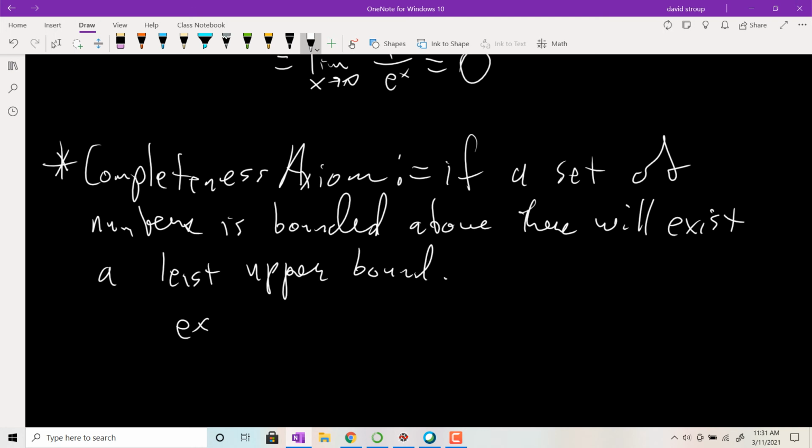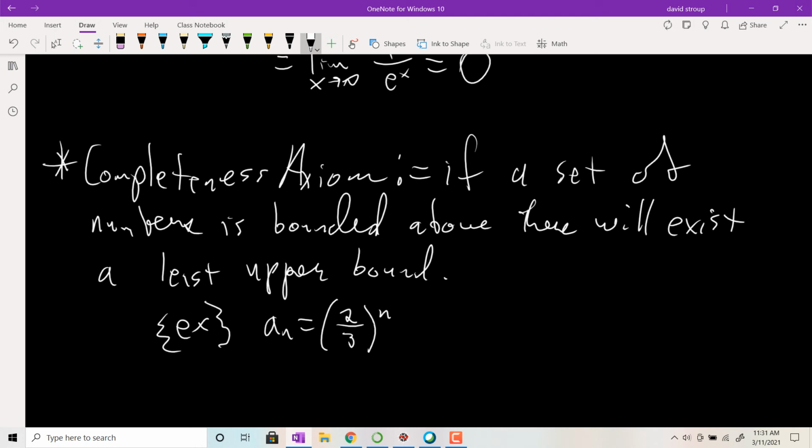So for example, the set a sub n equals, what were we dealing with, 2/3 to the n.